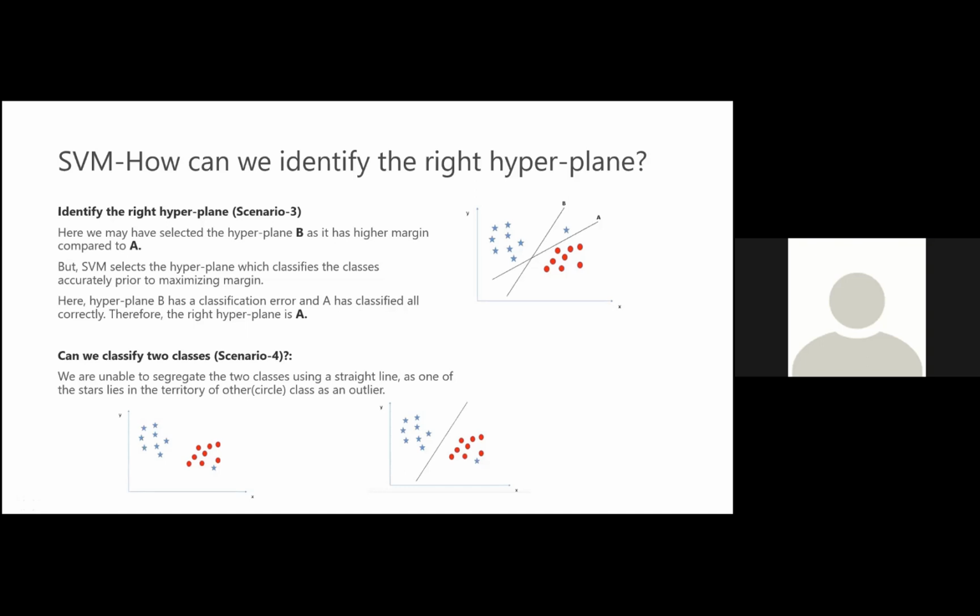But if we are talking about a linear hyperplane, the SVM considers this point, the star, as an outlier, because it is farther from the other points that belong to this particular class. In this sense, it identifies that the star is an outlier, so SVM is also used in outlier detection analysis.